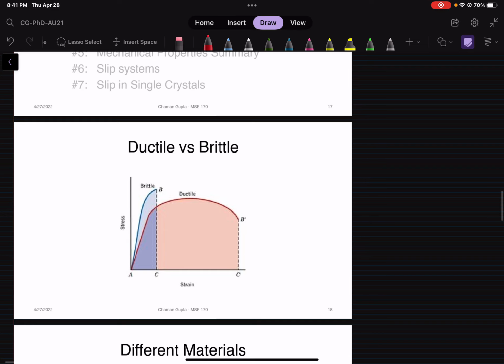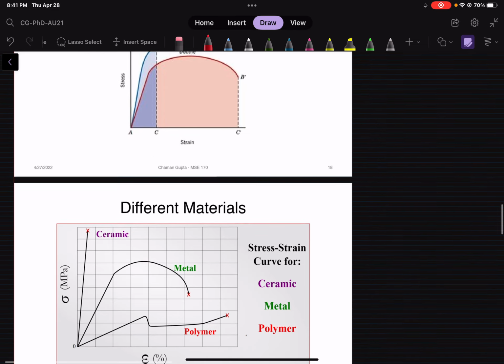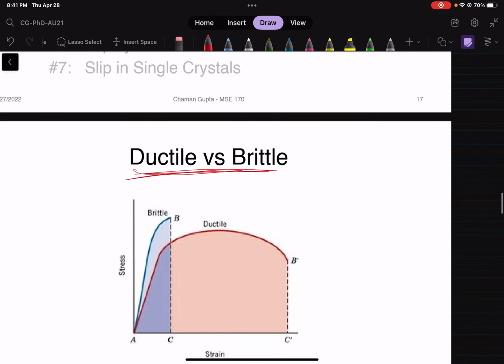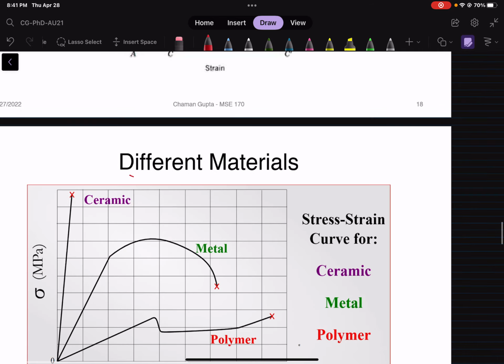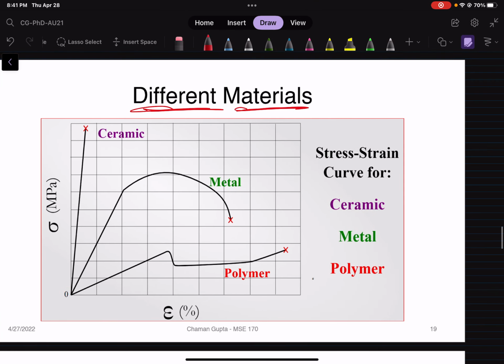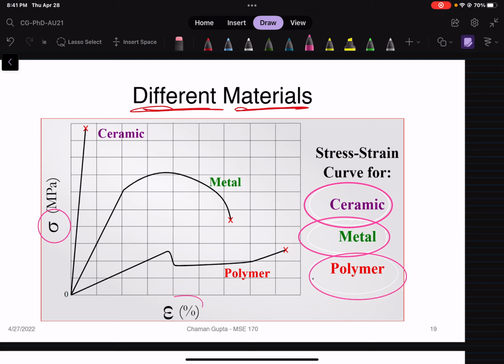Using this same stress strain curve, you can understand the ductility and brittle nature of a material. You could understand how different materials behave. Let's look at this plot where you have three different materials: a ceramic, a metal, and a polymer. We know that these three materials are very different from each other. So where does that difference come from? If you look at the stress strain diagram for these three materials, you'll clearly see the difference.